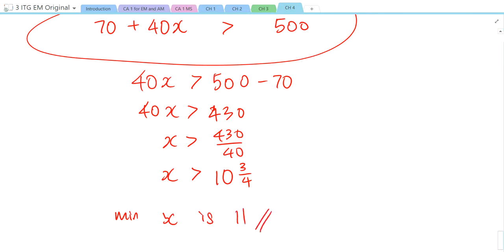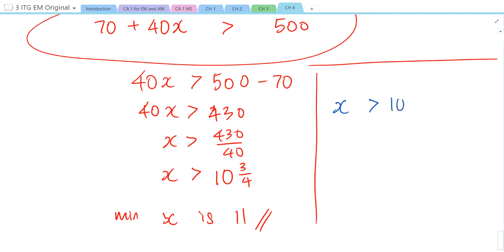Now, if I have another question, a separate question that resulted in x greater than 10 and 1 over 5, for example, what would your answer have been? x is 11 still.